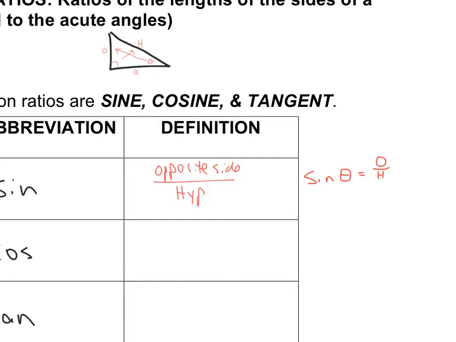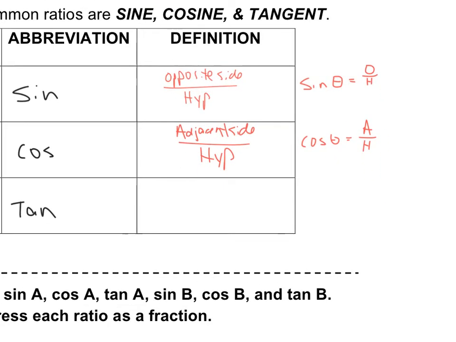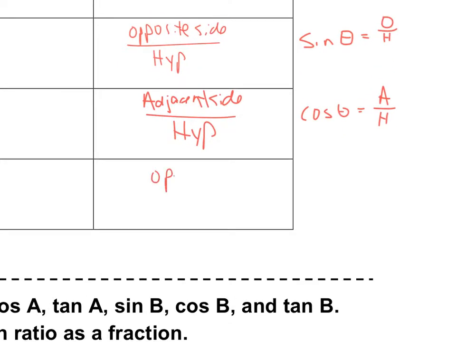The cosine is the adjacent side over the hypotenuse. So cosine of theta equals the adjacent over the hypotenuse. And then tangent is the opposite side over the adjacent. I'm just going to abbreviate those, meaning that the tangent of our angle is opposite over adjacent.